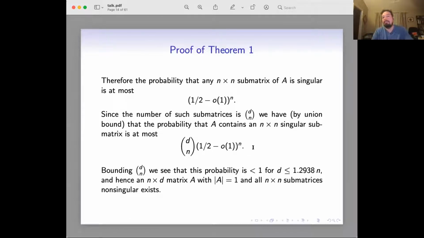So this means that there must exist a non-singular matrix. So there. Okay, so that essentially proves the first part of our theorem.